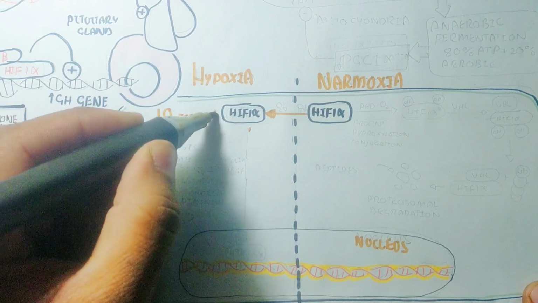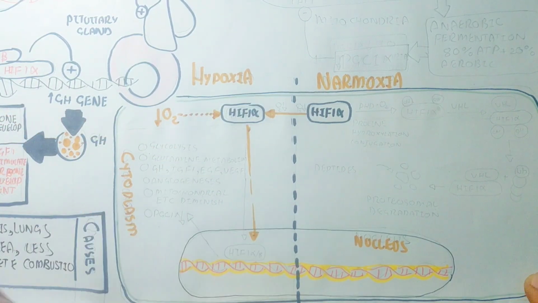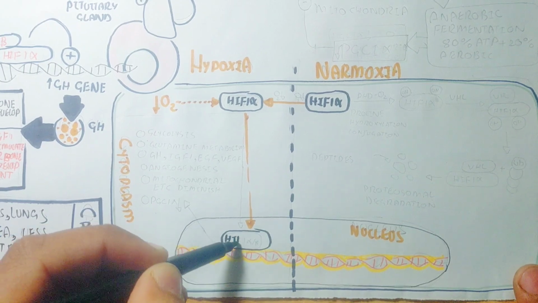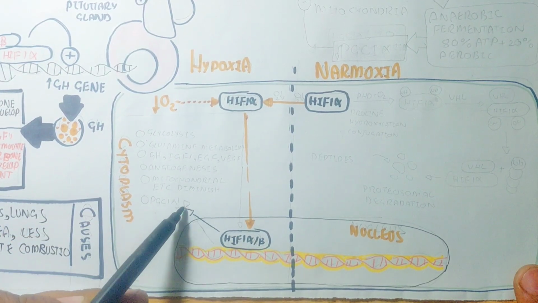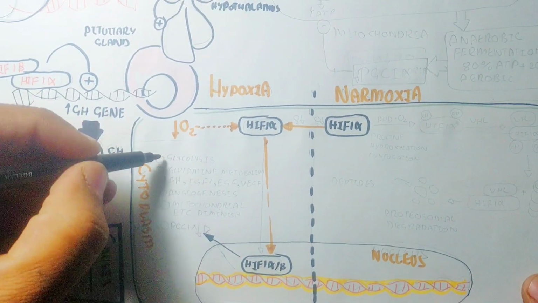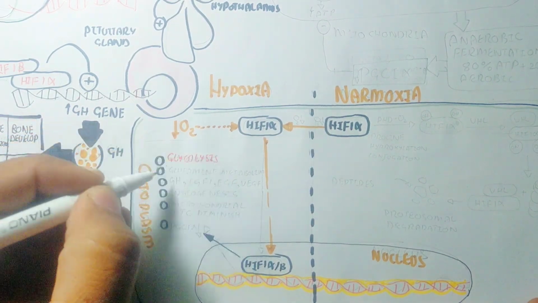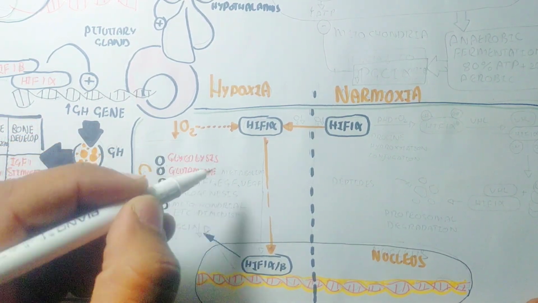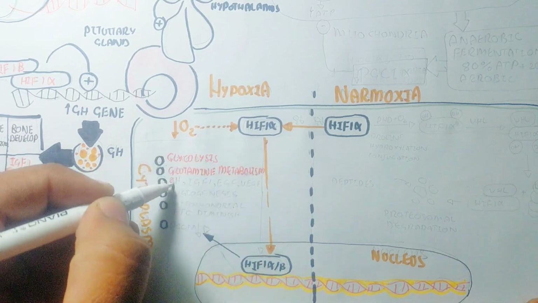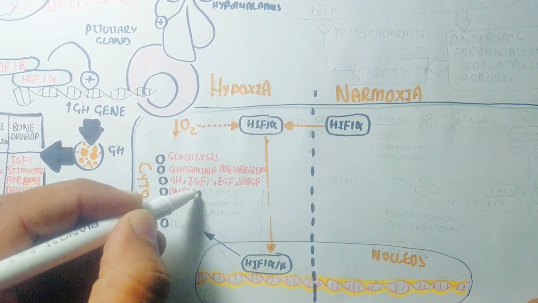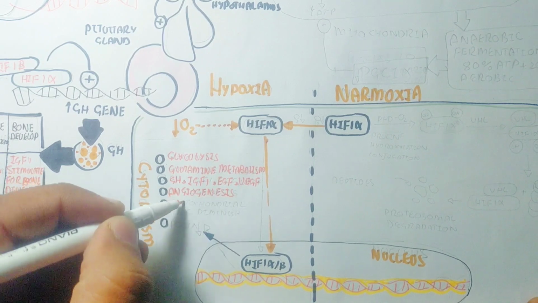For example, hypoxia will activate HIF1 alpha and it is not degraded. In this, HIF1 alpha and beta will activate more glycolysis and glutamine metabolism. Both of these are anaerobic fermentation, also known as ancient fermentation. These enzymes are required, and their production is due to the HIF1 alpha response.